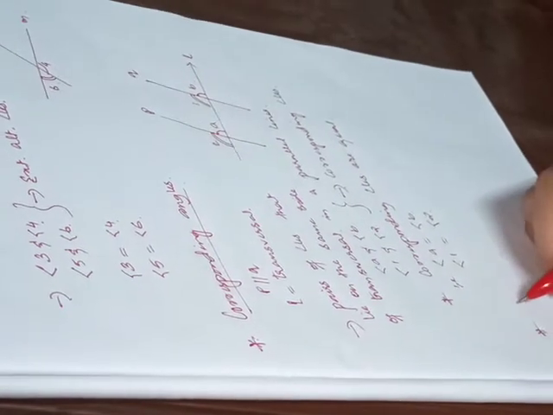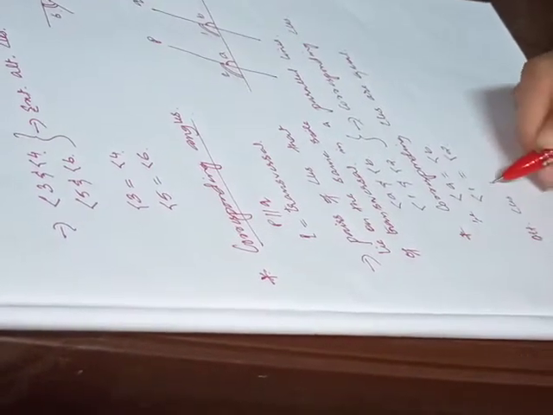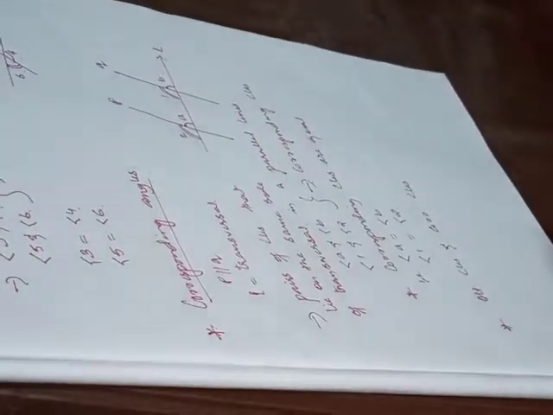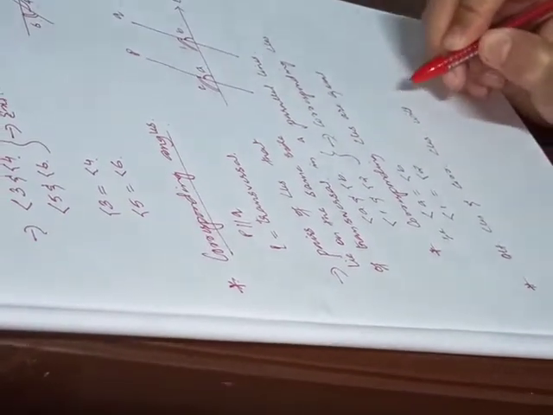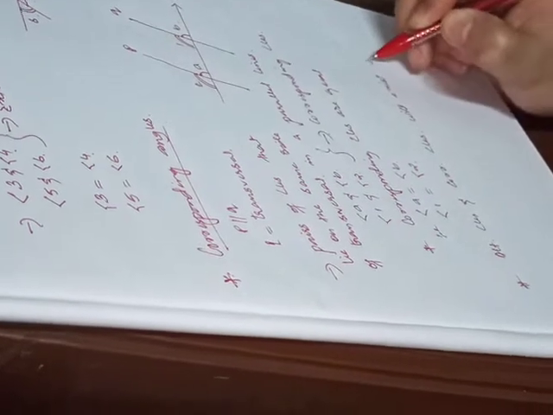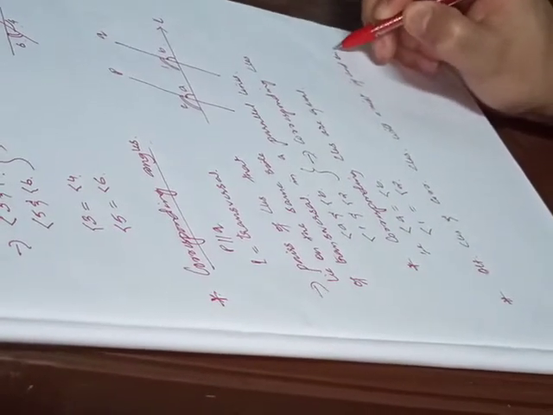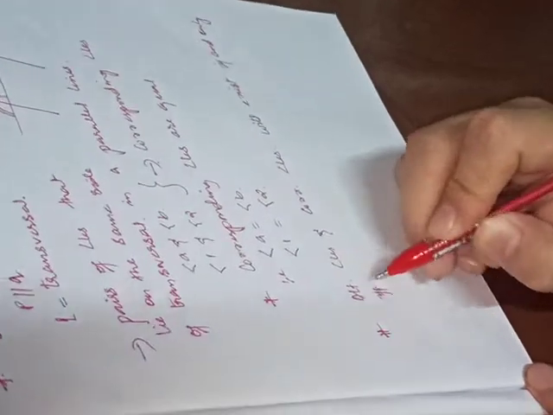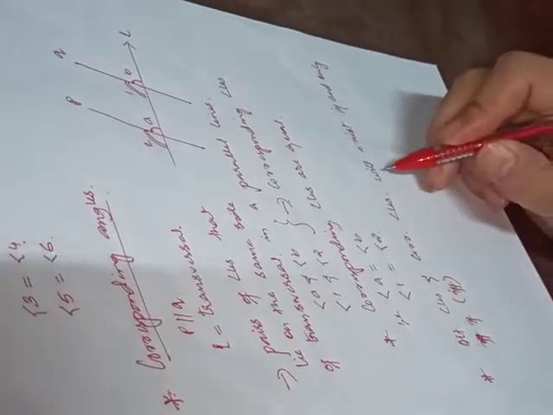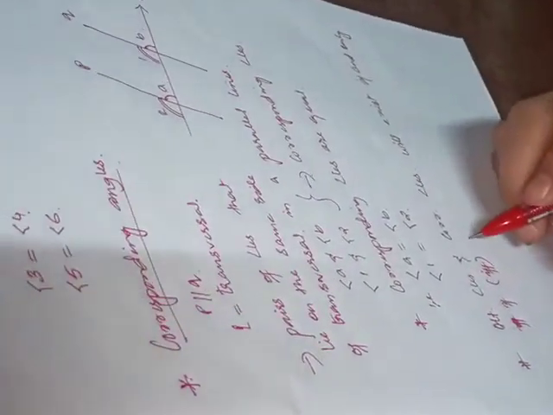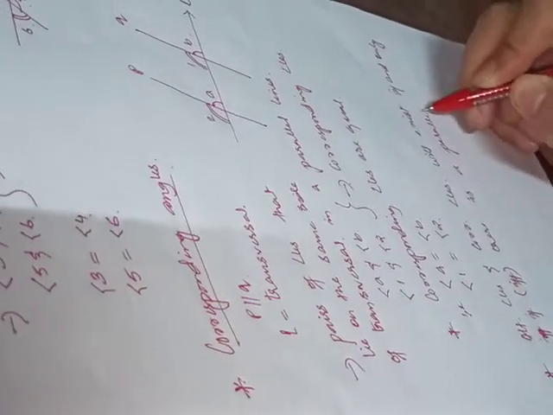Both alternate angles and corresponding angles will exist if and only if, in short we write IFF, there are parallel lines.